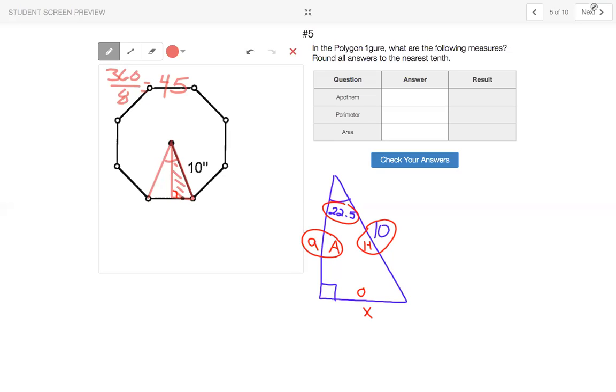So using adjacent and hypotenuse, that's going to be cosine. Cosine of our angle, 22.5, equals adjacent over hypotenuse, A over 10. Variable's high, so we multiply.